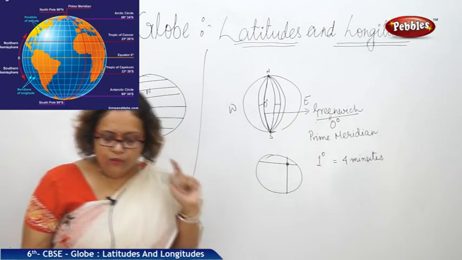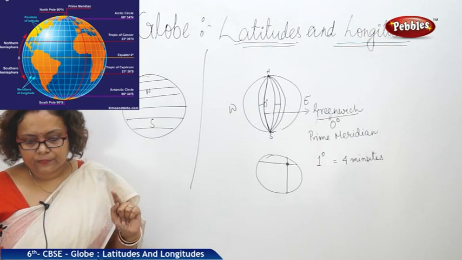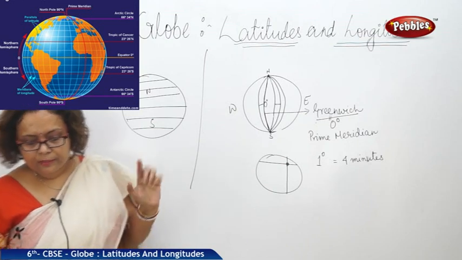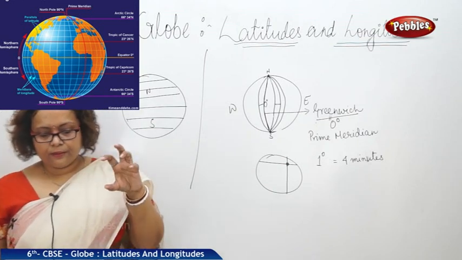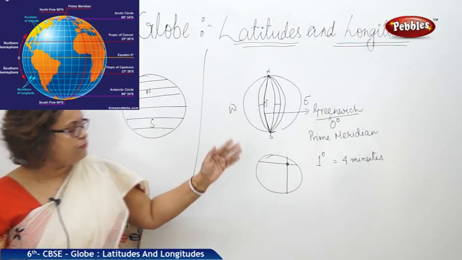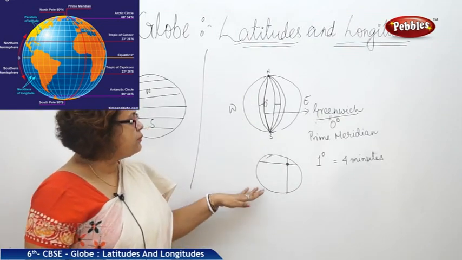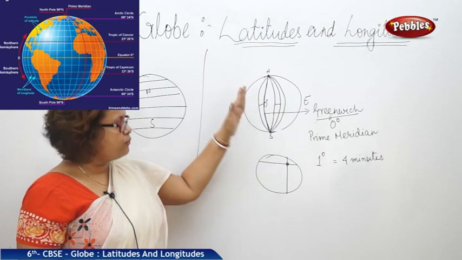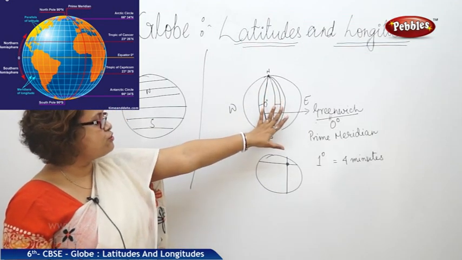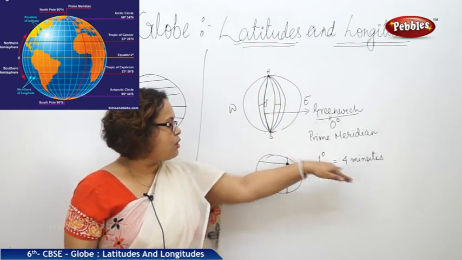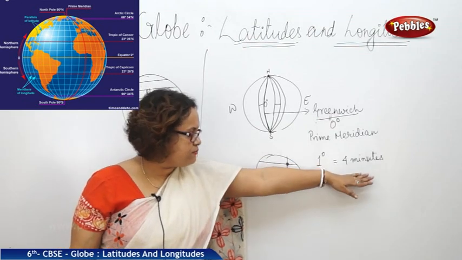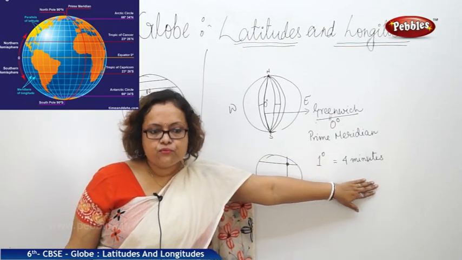If you divide 24 hours by the 360 degrees, you will get the distance of 1 degree, and the time difference will be 4 minutes.